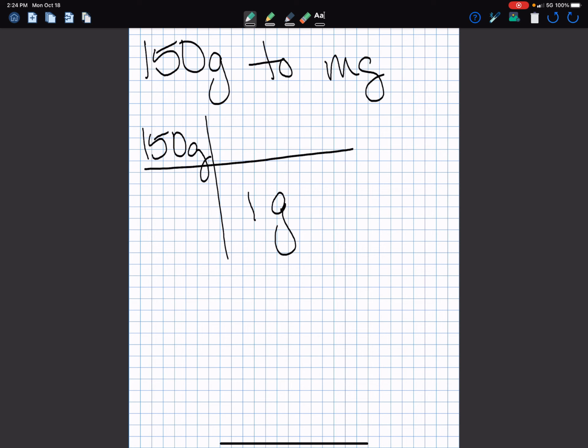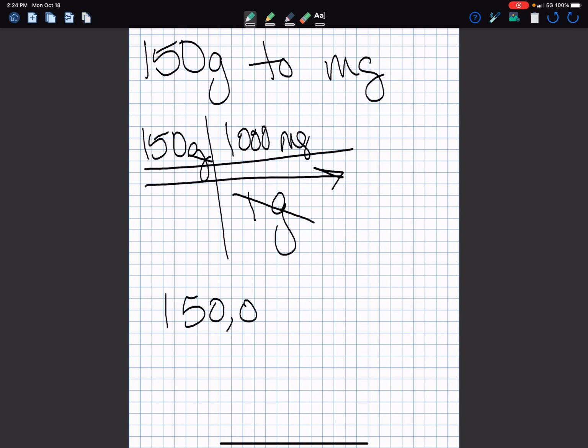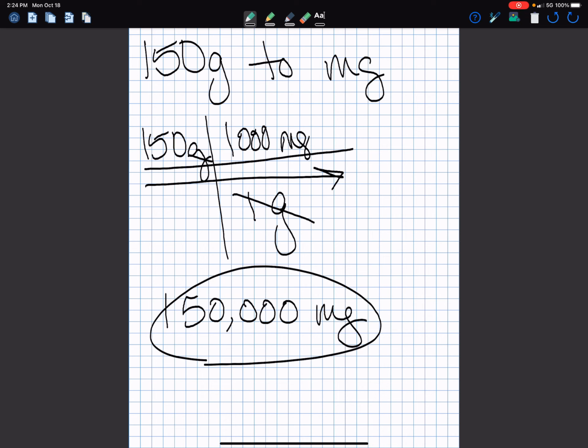For every 1 gram, I have 1,000 milligrams, right? Pretty simple. Grams cancel. I multiply across. 150 times 1,000 is 150,000 milligrams. Pretty easy. Okay? This is where you've got to know your bases. So you remember that milligrams, milli, is 1,000, okay? So you could use that as like a multiplication factor.